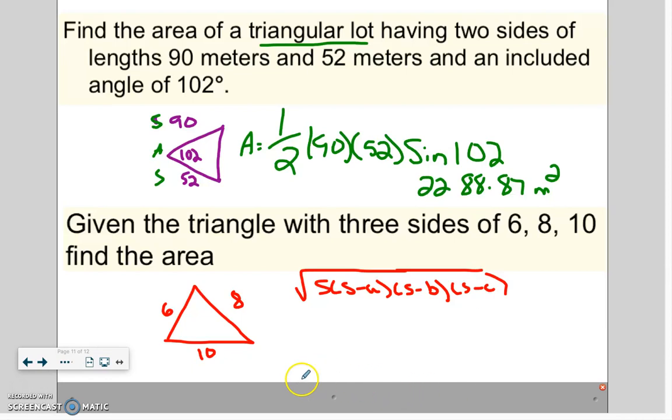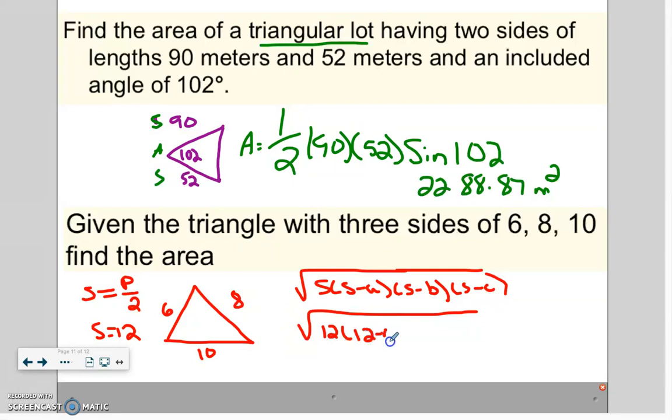I'm going to calculate s first, and s is equivalent to the perimeter divided by 2. So 6 plus 8 is 14, plus 10 is 24. 24 divided by 2 makes s equal to 12. So my formula will be 12 times (12 minus 6) times (12 minus 8) times (12 minus 10).